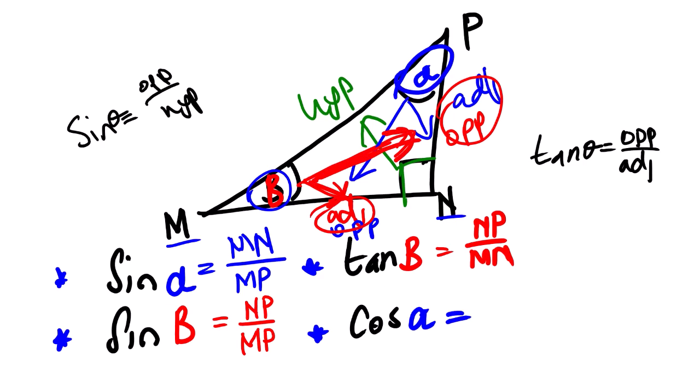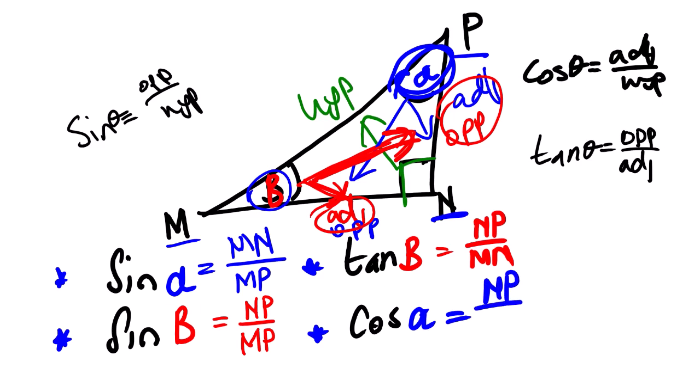Looking at alpha, the expression for cos is adjacent over hypotenuse. Since this is alpha, the adjacent side of alpha is np. So we have np over the hypotenuse, mp. So these are the basic applications of trig ratios.